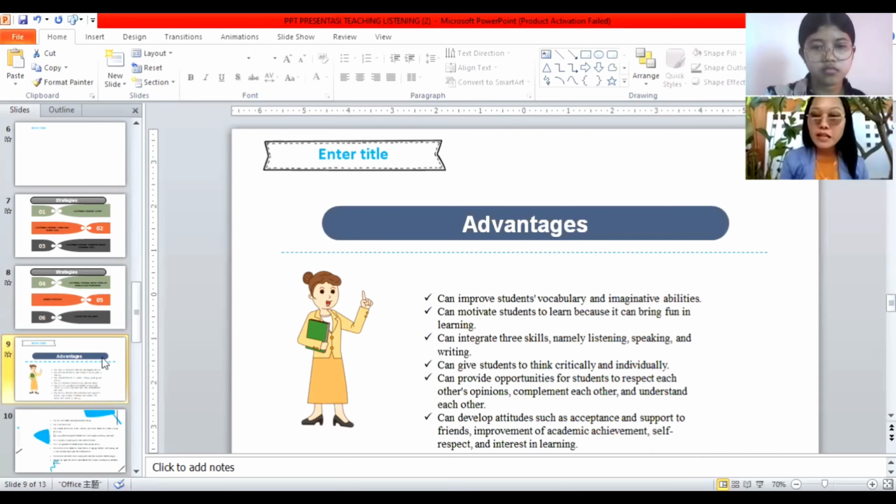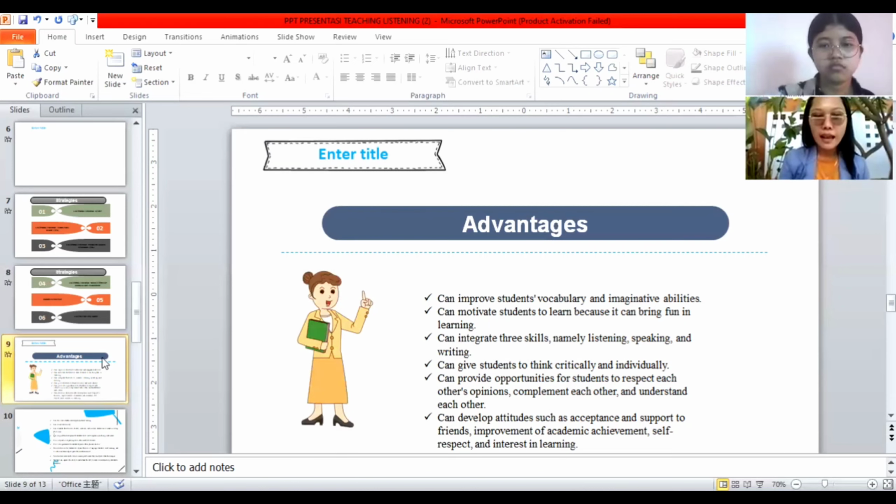Second, it can motivate students to learn because it can bring fun in learning. Third, it can integrate three skills, namely listening, speaking, and writing. Fourth, it can give students the chance to think critically and individually.